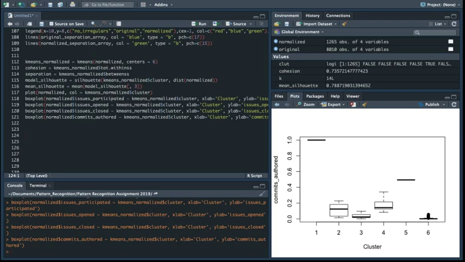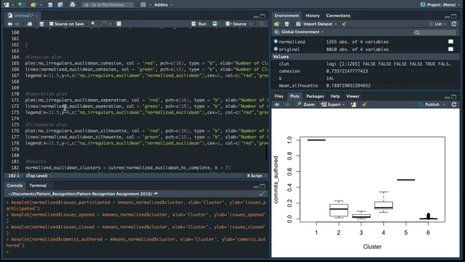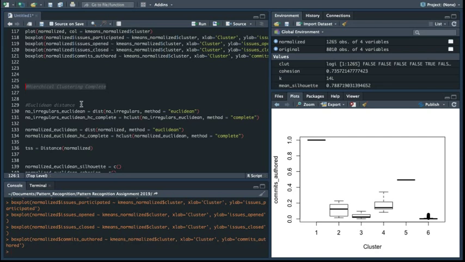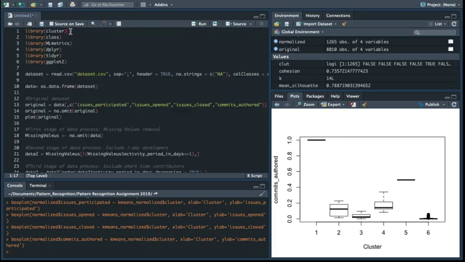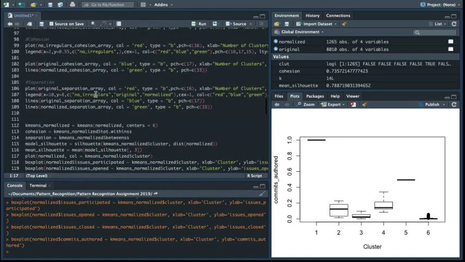So for hierarchical clustering, the complete method, we are counting the Euclidean distance, which is really easy to do with R. You just call the dist function, specify your data set, and use method Euclidean. And for the hierarchical complete, we are using hclust, which is one of the functions in, I think, library cluster, but I'm not sure.